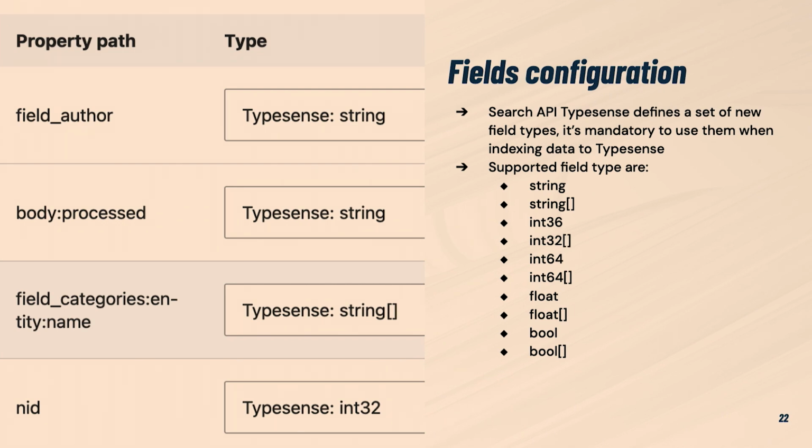So you can specify if your field is a string or an array of strings, like a taxonomy, for example, a field that contains multiple strings, an integer or a float or a boolean or an array of those types. This is mandatory, otherwise your fields will not index in the Typesense collection.